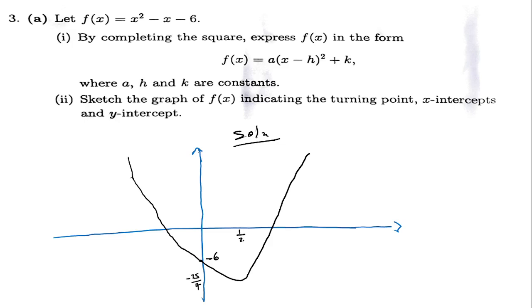Okay, and you clearly indicate half comma negative 25 over 4. Then where the graph is cutting the x-axis, you go back and look for them. You have 3 and negative 2, so you put negative 2 there and a 3 there.